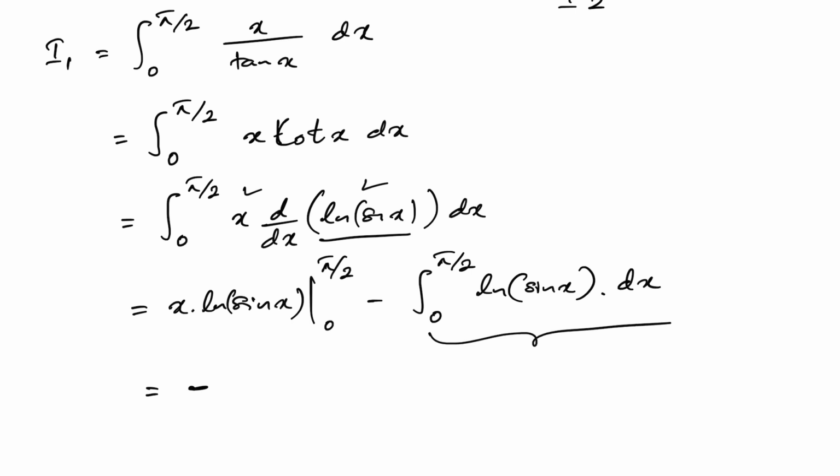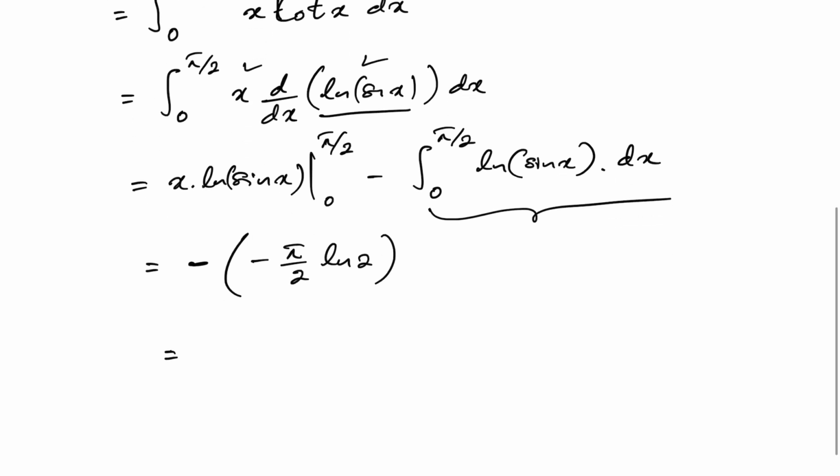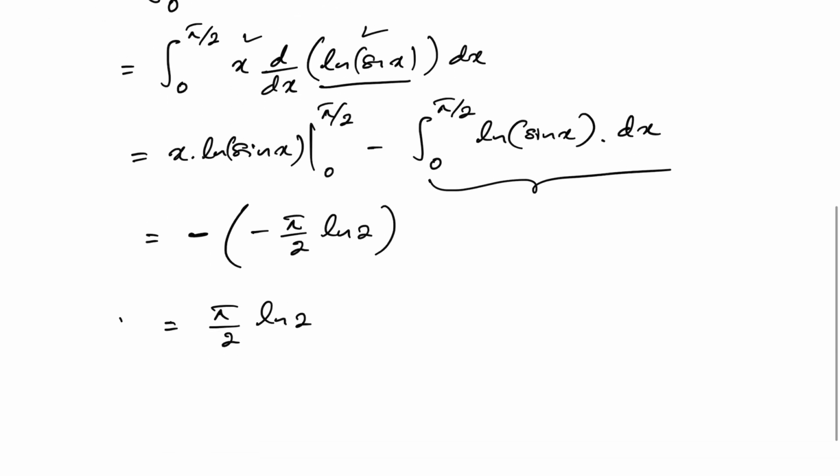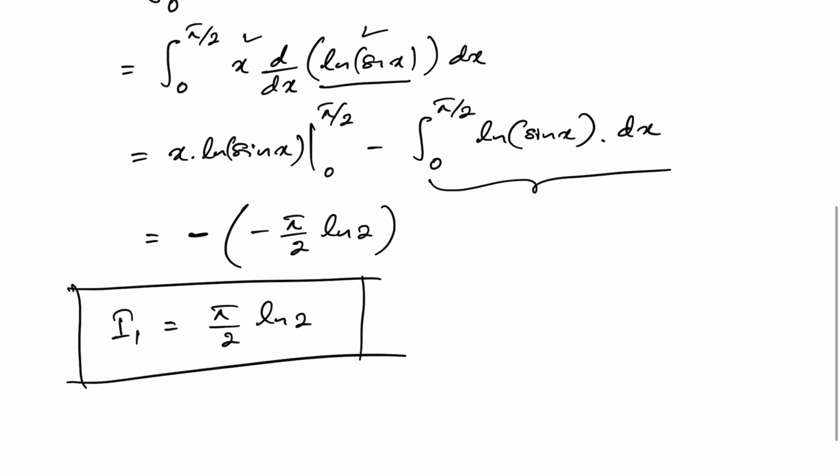We solved this integral in a previous video, and we know the answer is minus pi over 2 natural log of 2. So we have pi over 2 times natural log of 2, and this is equal to I1.